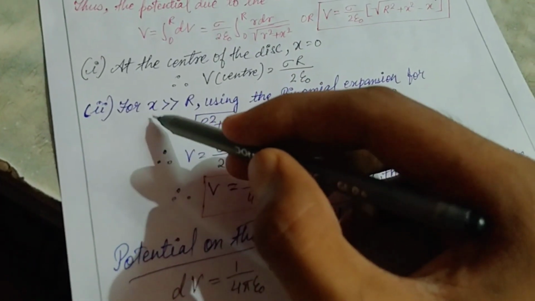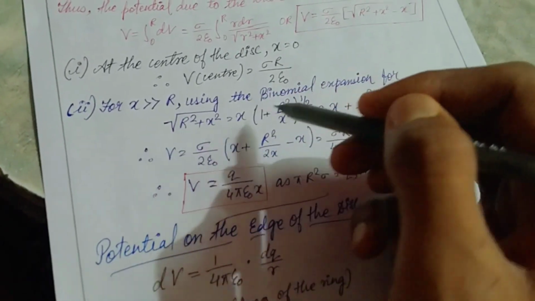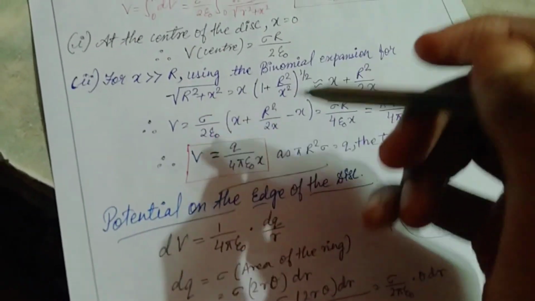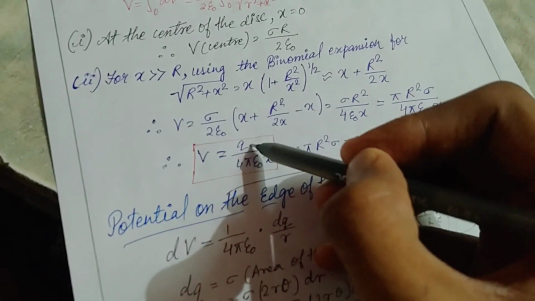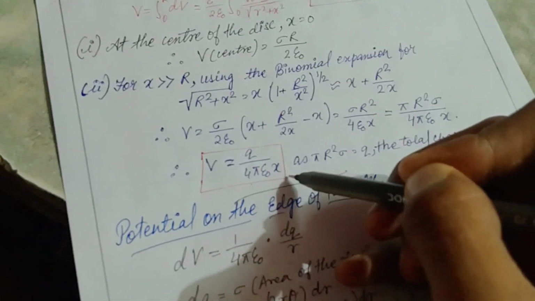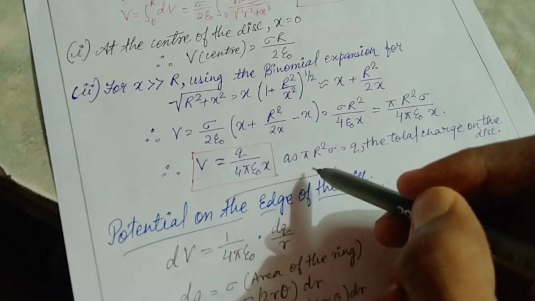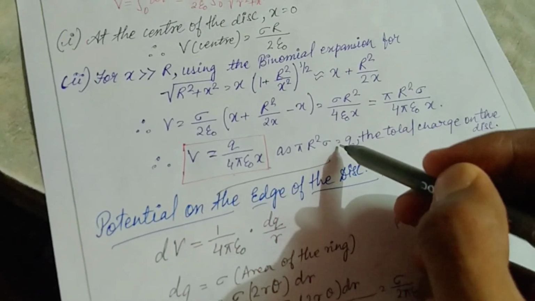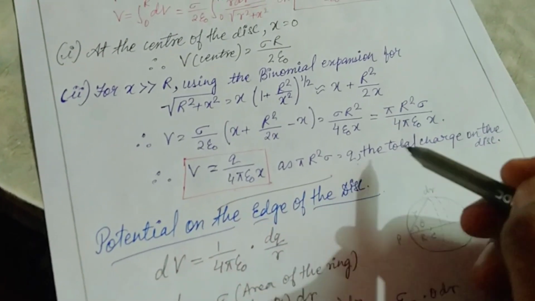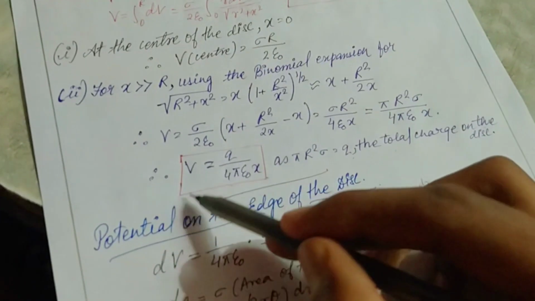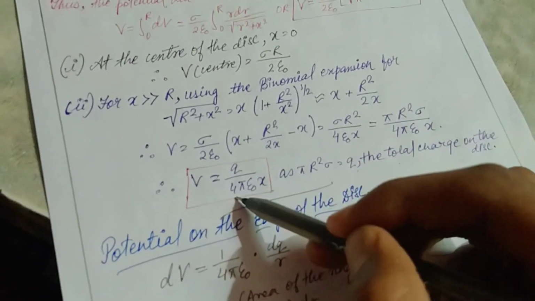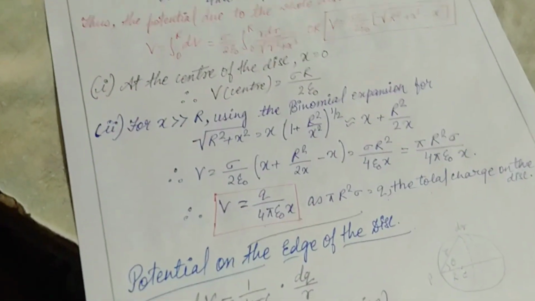For x very much greater than R, we use the binomial expansion and we get V is equal to q by 4 pi epsilon naught x, as pi R square sigma is equal to q, the total charge on the disk. So V is equal to q by 4 pi epsilon naught x, where x is very much greater than R.